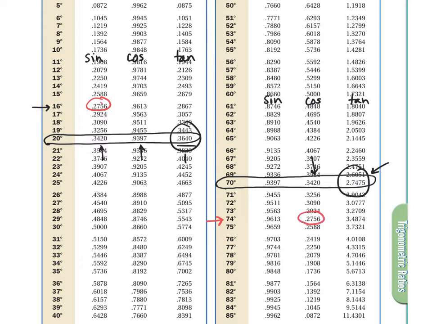The sine and the cosine, that's the middle one on the right, they end up being the same value. Here's the cosine of 16 and the sine of 16. Those end up being the same value. And the tangent of 16, if I put this over 1 and I flip it, 1 divided by 0.2867, I get this value right here.